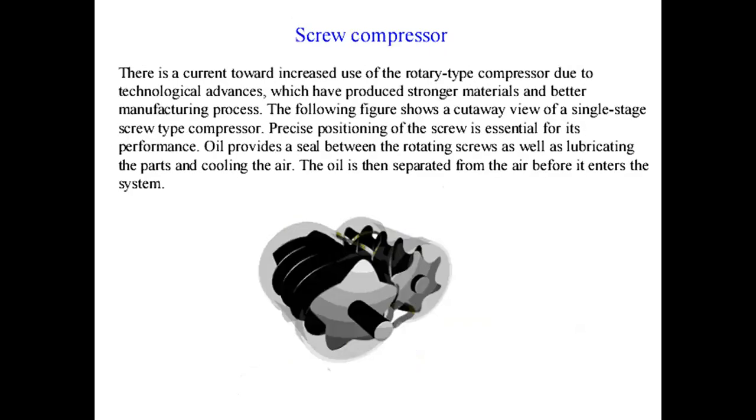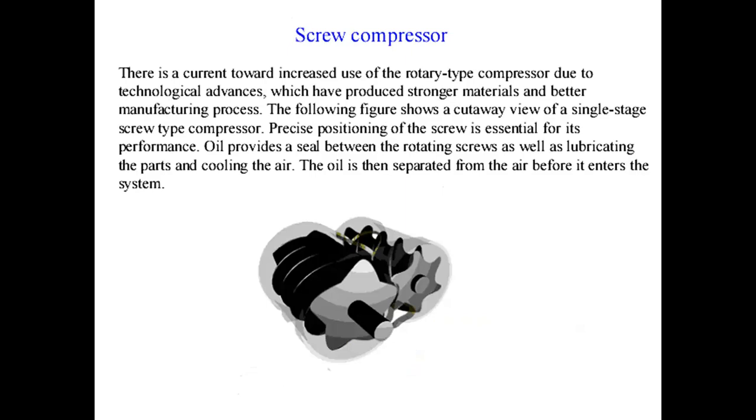This is the vane compressor. Screw compressor. There is a current trend toward increased use of rotary type compressors due to technological advances which have produced strong materials and better manufacturing processes. The following figure shows a cutaway view of a single stage screw type compressor.